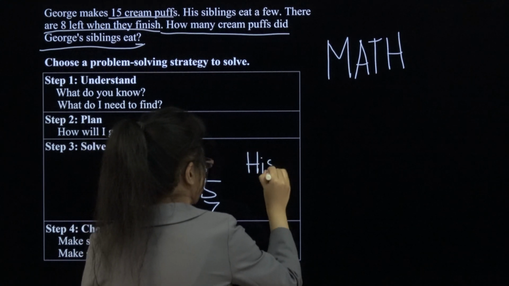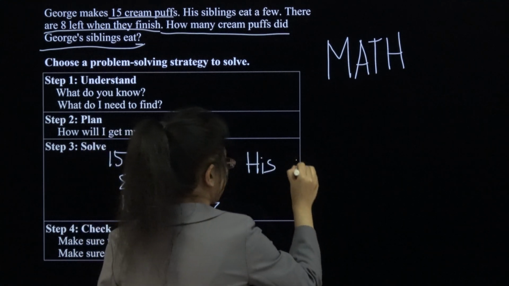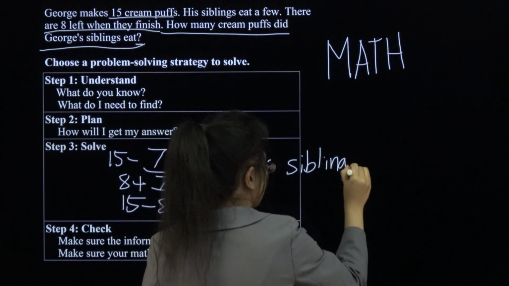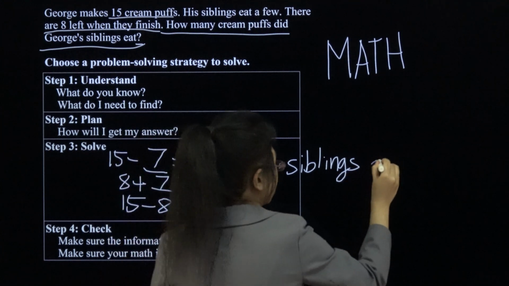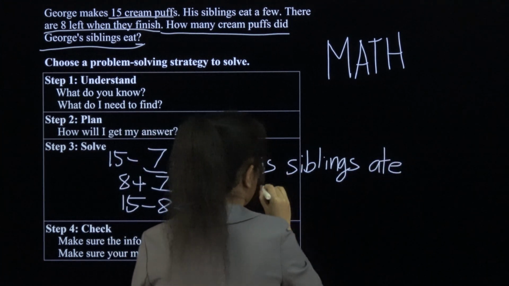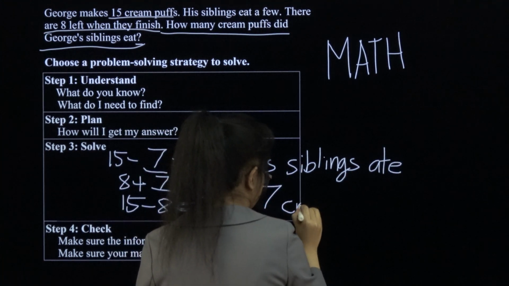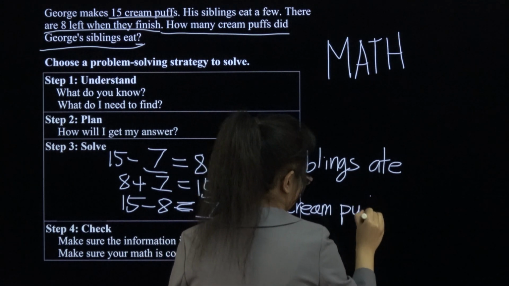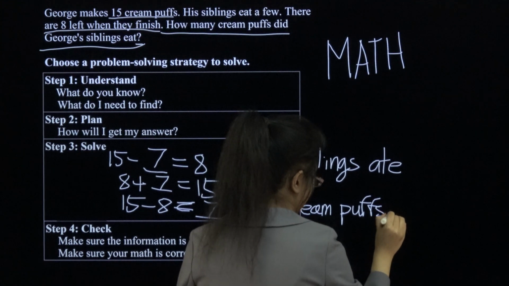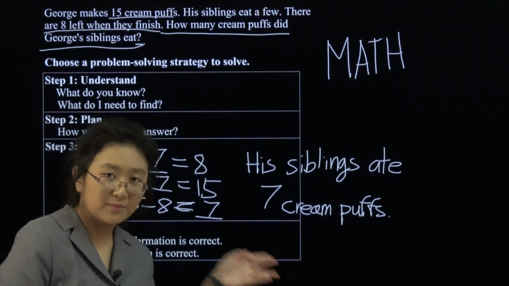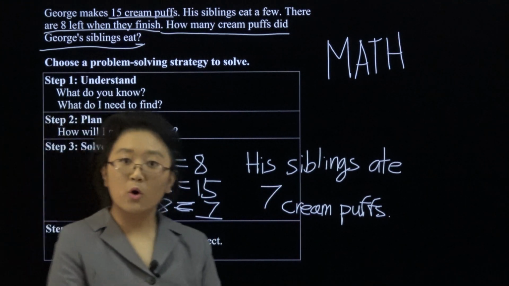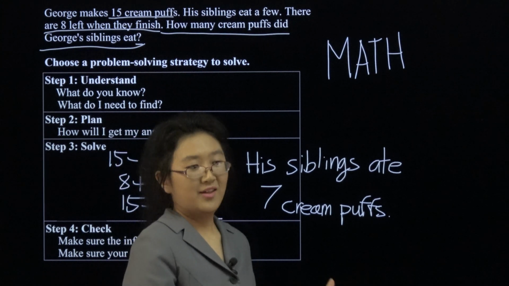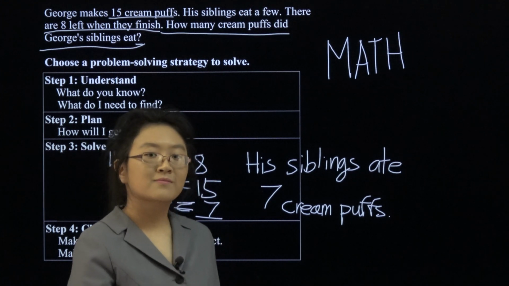George's siblings ate 7 cream puffs. Okay? Remember, this is very important. At least in later grades. Or if your teacher is stricter, then maybe even now.